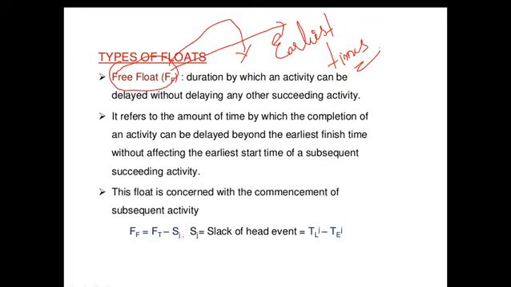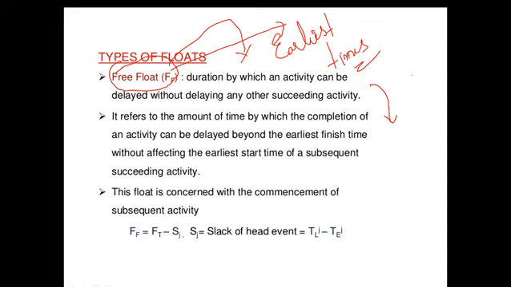Free float refers to the amount of time by which the completion of an activity can be delayed beyond the earliest finish time without affecting the earliest start time of a subsequent succeeding activity. The float is concerned with the commencement of subsequent activity.